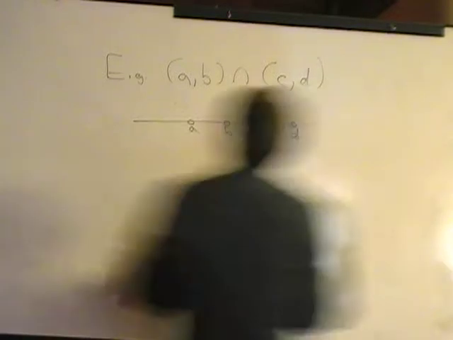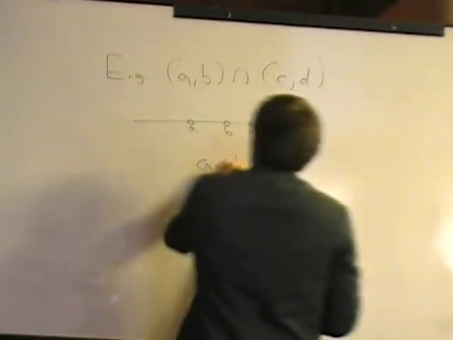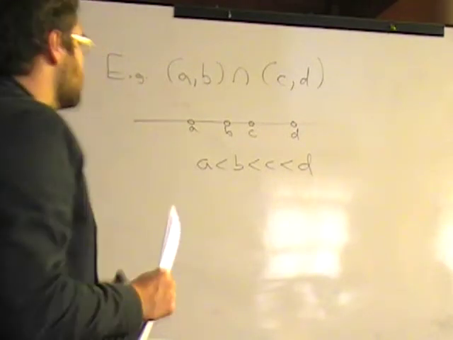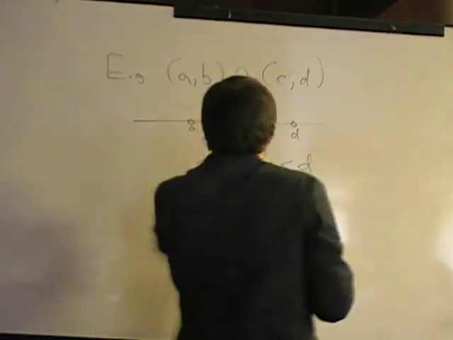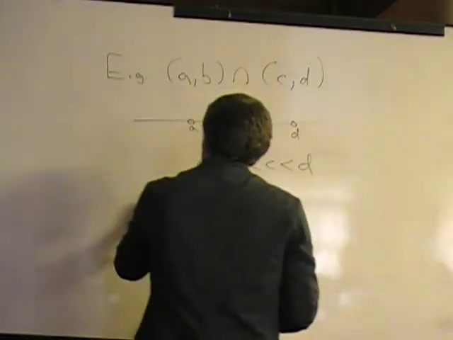I'm discussing the special case when A is less than B, less than C, less than D. So what do you get when you take the intersection in this case?